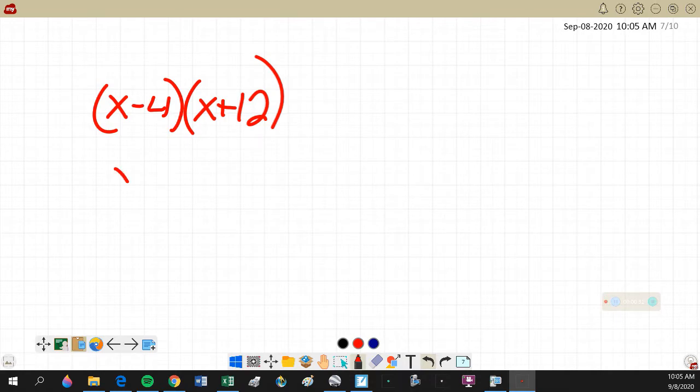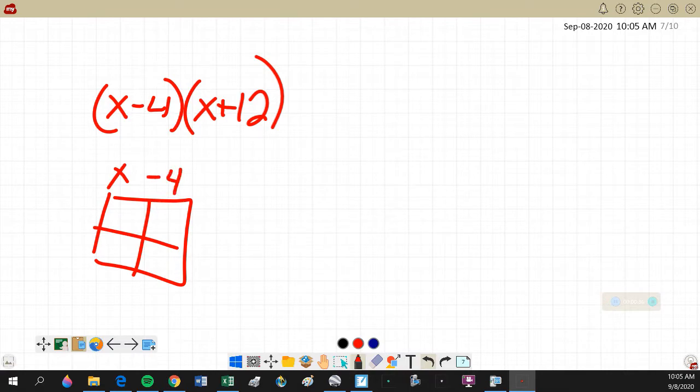So we write a 2 by 2 box, x minus 4 on one side and x plus 12 on the other. Then we multiply x times x is x squared. X times negative 4 is negative 4x. X times 12 is 12x. And 12 times negative 4 is negative 48.